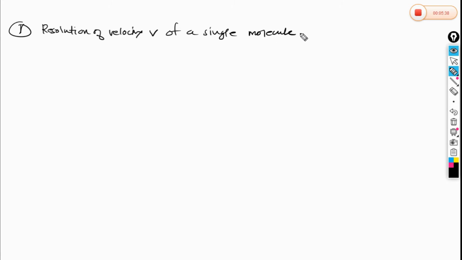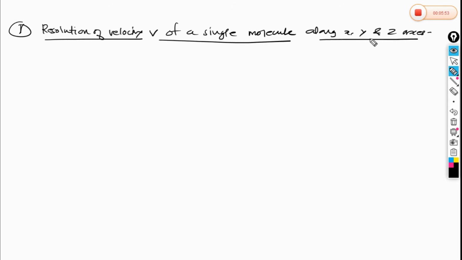Step number one: resolution of velocity v of a single molecule along the x, y and z axes.